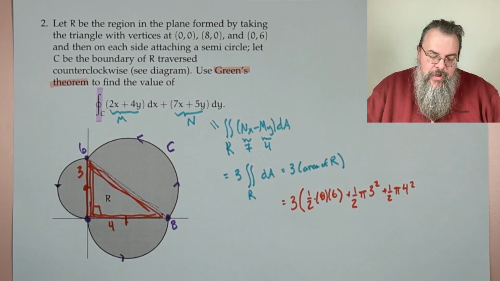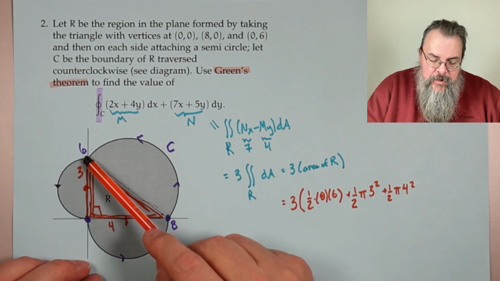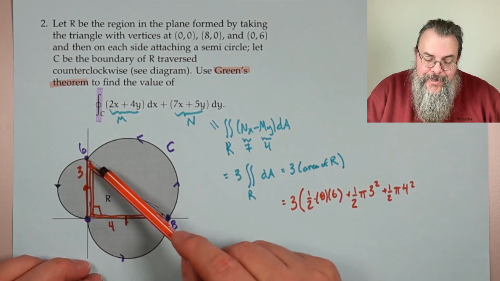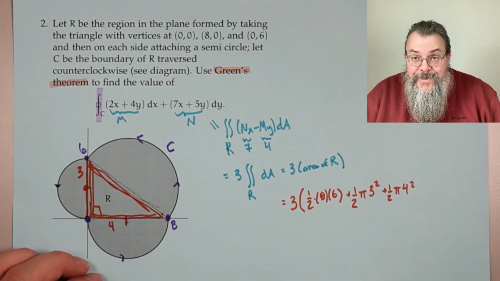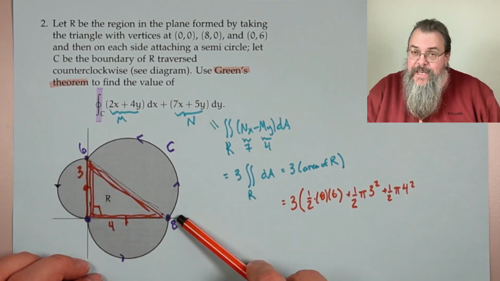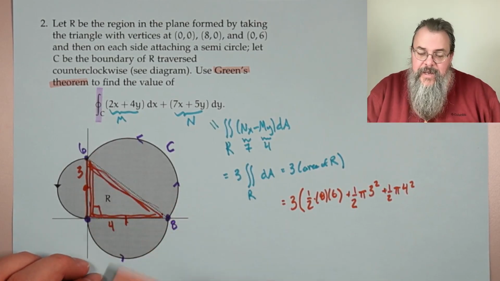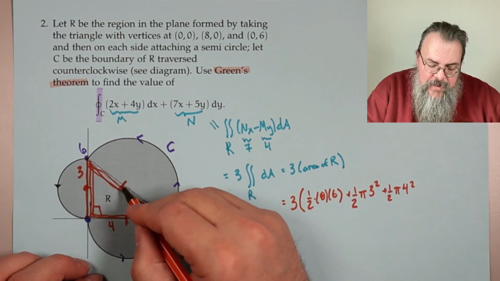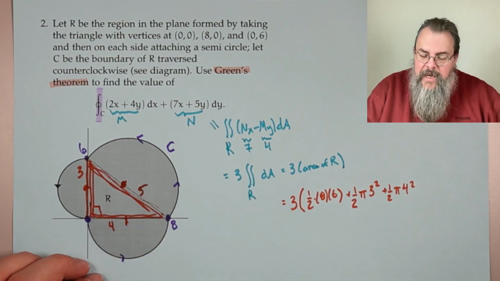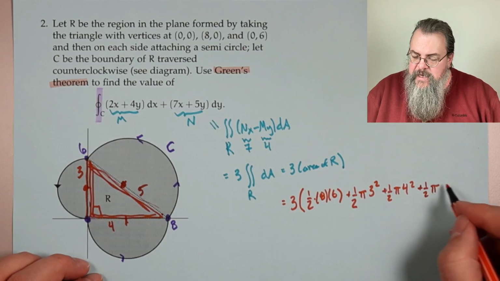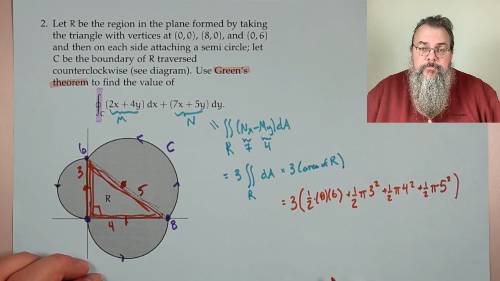So you can do the Pythagorean theorem. 6 squared plus 8 squared, 36 plus 64 is 100. So that means this length, the diameter, from vertex to vertex is 10. Half of it, which will be the radius, is 5. So you have 1/2 pi 5 squared.